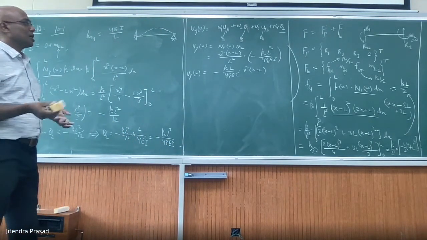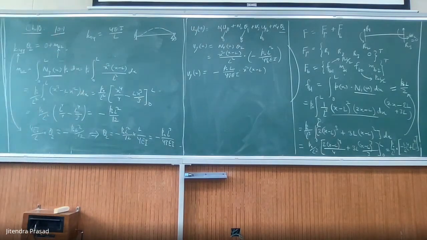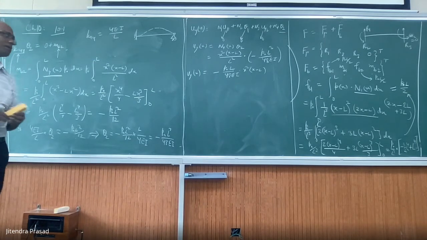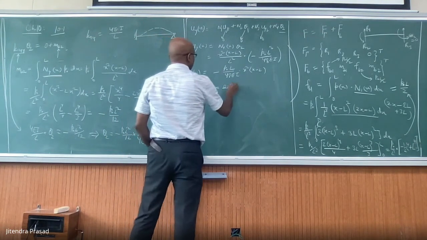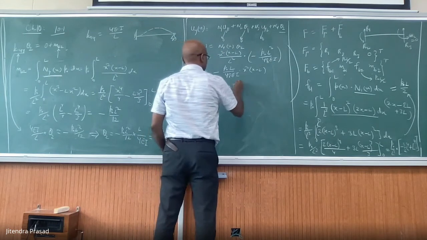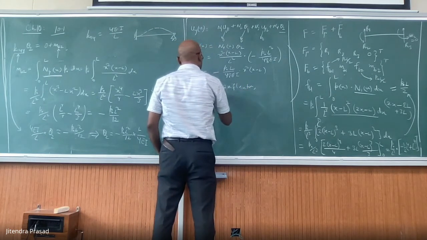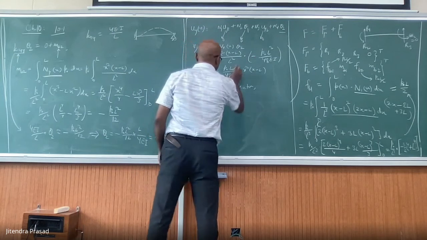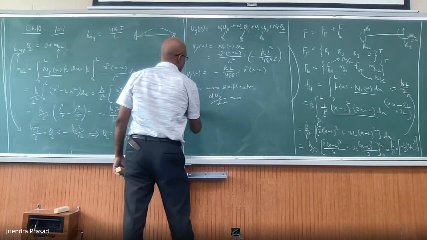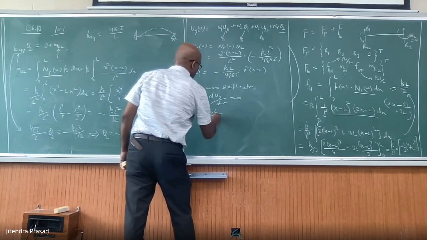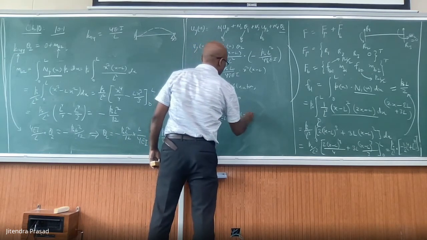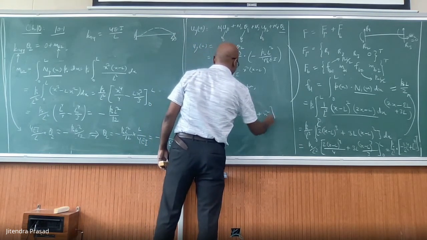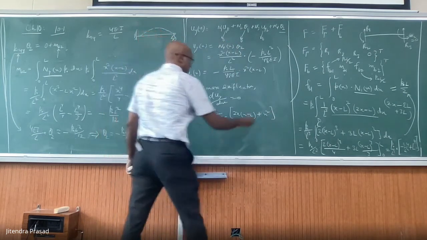And you have to find out the maximum. Now you can find out the maximum of it. So for maximum deflection, dy over dx is equal to 0, and from there you can see, that tells you minus P naught L over 48 EI, and then you have 2x(x minus L) plus x square, that is equal to 0.